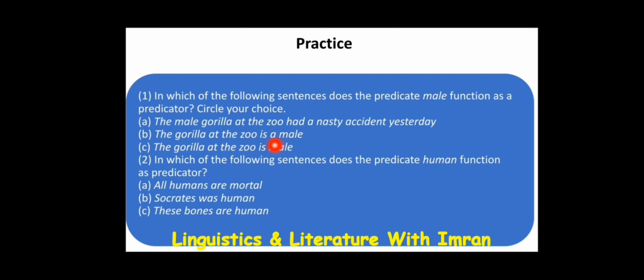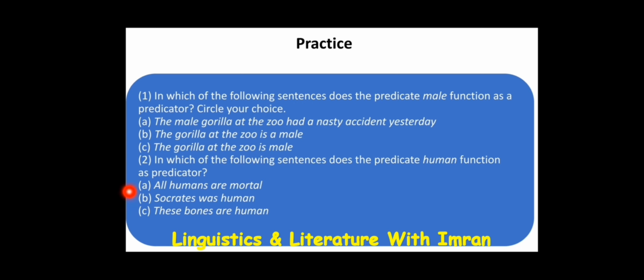Here it functions as a predicator. And the gorilla at the zoo is male. Again, the gorilla is a referring expression, the zoo is a referring expression, and what is left? Male. Here male functions as a predicator. So in options B and C, a male and male function as predicators, while in the first example, male is a predicate, but it is not a predicator.